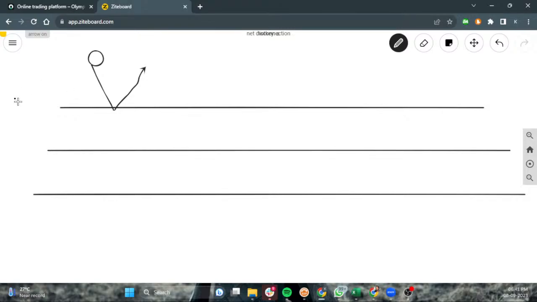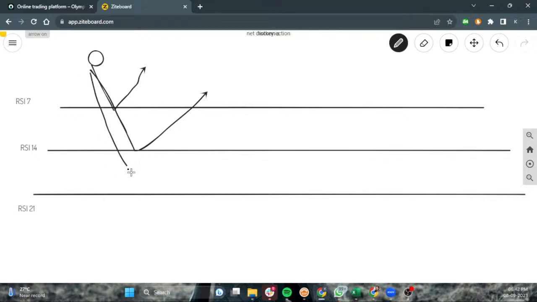Let me type it here also to have a better understanding. RSI 7. Okay. And this one is RSI 14. And the last one here is RSI 21. So here the reversal happened. It went here, the reversal can happen here as well.